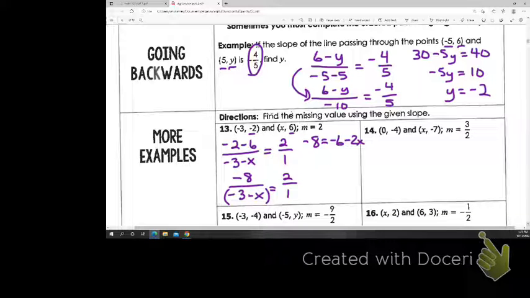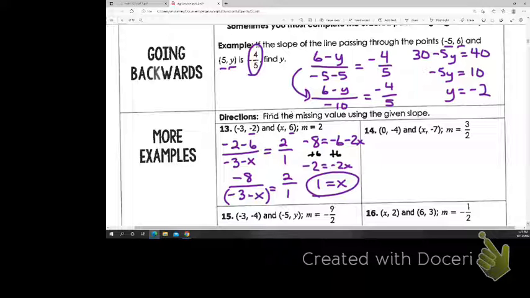Add 6 to both sides. So negative 2 is negative 2x. Divide by negative 2. And x is 1. Now if you really wanted to check yourself, then go back and put 1.